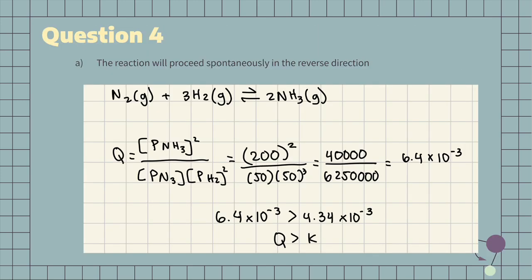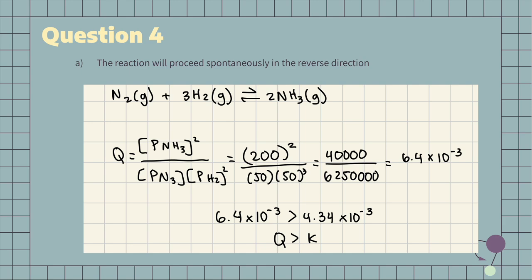And then for question 4, to find the reaction quotient, since the partial pressures were given, I just plugged that into the equation and solved for the reaction quotient, and this yielded a reaction quotient of 6.4 times 10 to the negative third.